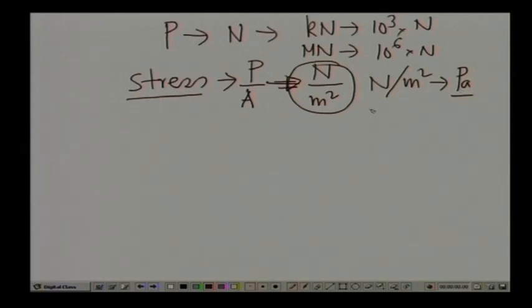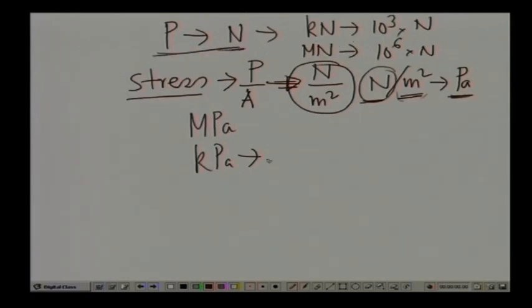Since 1 Newton of load acting on 1 meter square of area comes quite small, because 1 Newton load is very small whereas a meter square area is very large, many times these stresses we represent in terms of megapascals or kilopascals. Kilopascal will be 10 to the power 3 times Pascal, and megapascal will be 10 to the power 6 times Pascal.